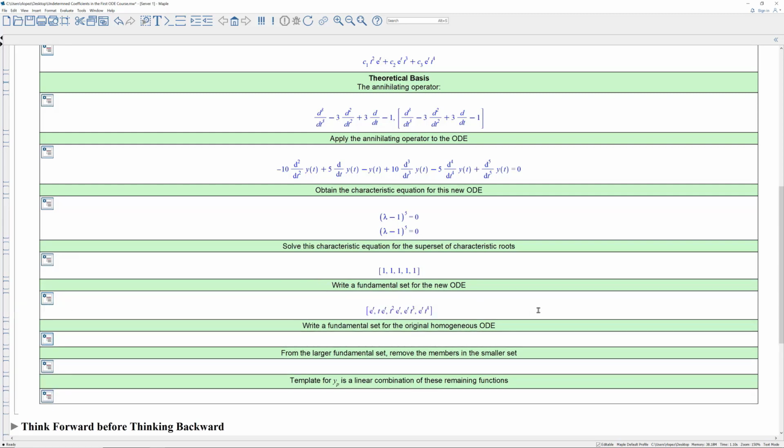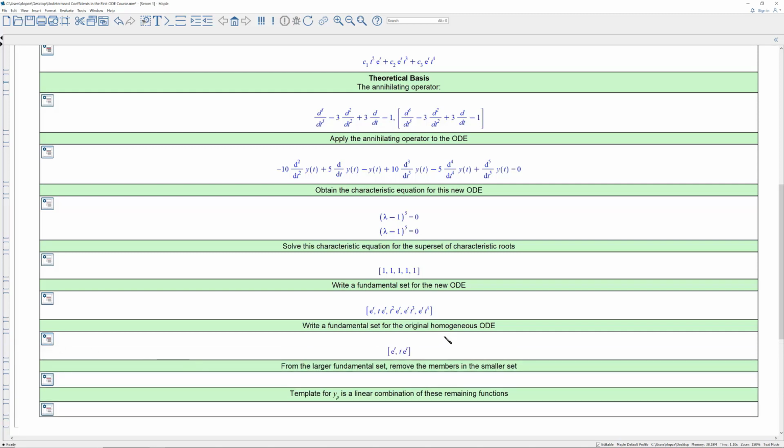From that, you would have a new fundamental set. It would start with e to the t. There would be an e to the t in every term, and here you pick up t to the first power. See, this is the t to the 0 power, t to the first power, t to the second power, third power, fourth power.